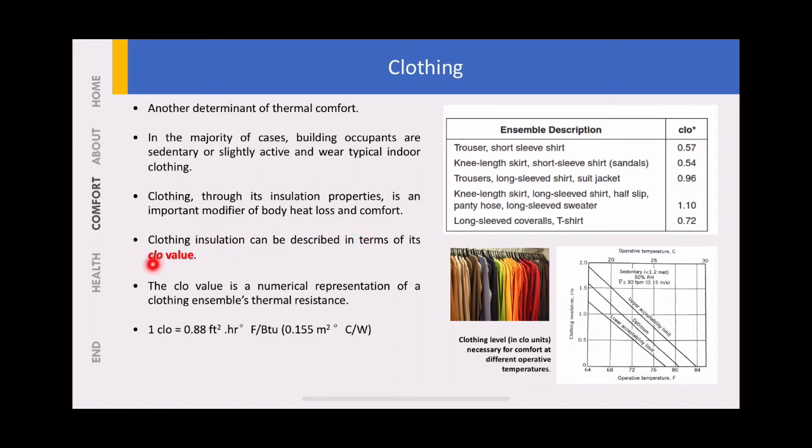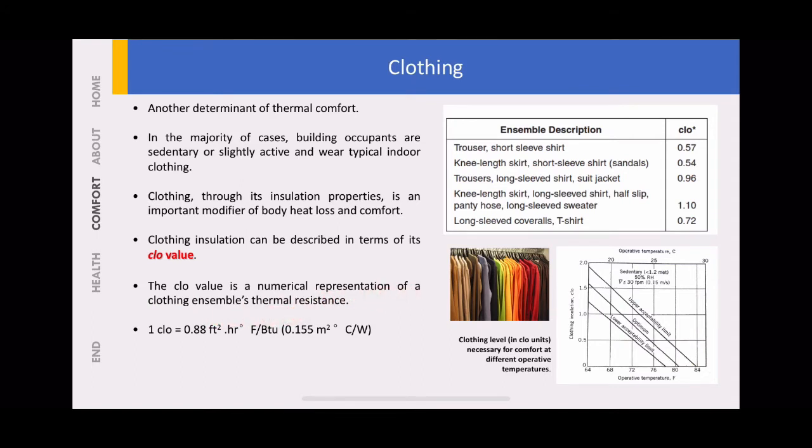So it's very important. Clothing insulation can be described as CLO, C-L-O value, which is given as this. Trousers, short sleeve shirt is 0.57. Let's see, knee length skirt, long sleeve shirt, half sleeve pantyhose and long sleeve sweater contributes 1.1 CLO. Right, the CLO value is a numerical representation of clothing ensembles' thermal resistance.